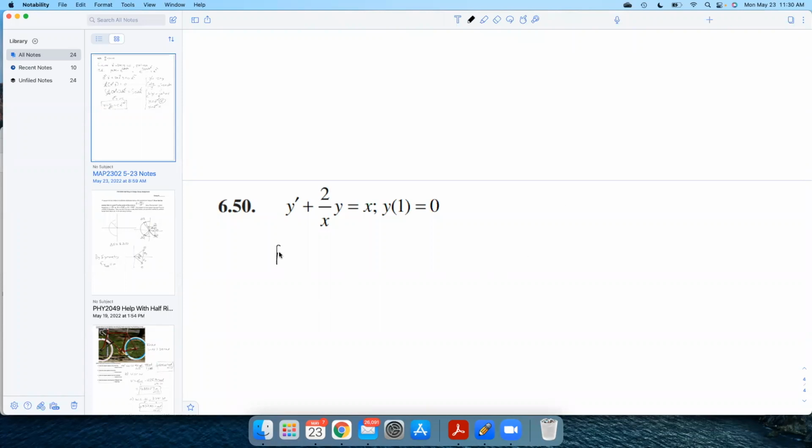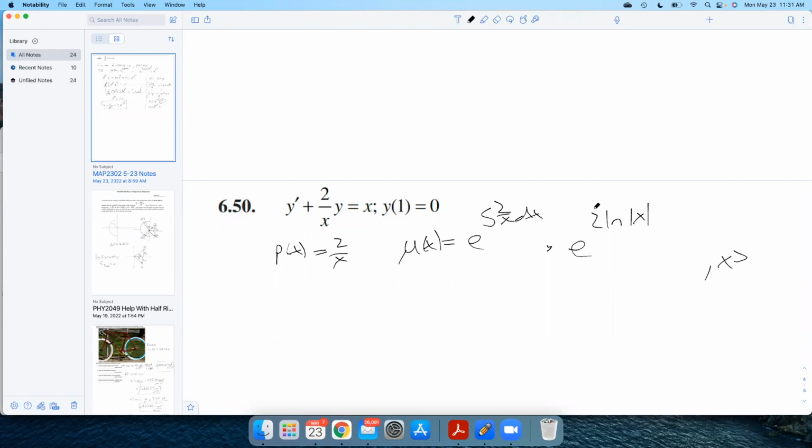All right, so here my P of X is 2 over X. So mu, my integrating factor, is e to the antiderivative of 2 over X dx. That would be e to the 2 natural log absolute value of X. And again, always assume, anytime you get an absolute value, assume X is positive so you can drop the absolute value.